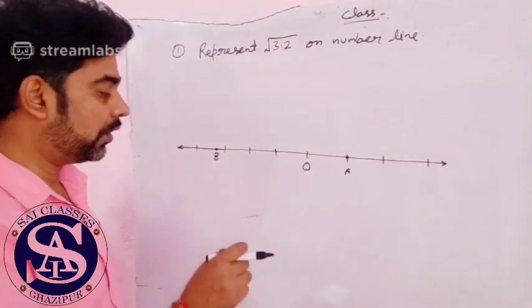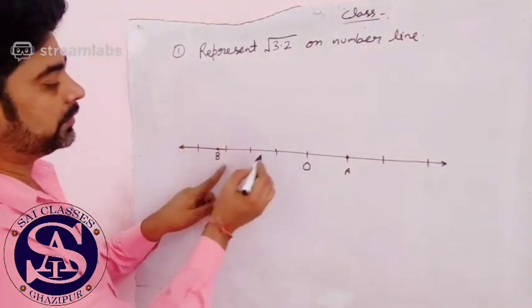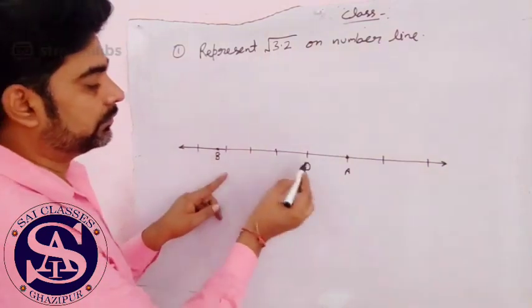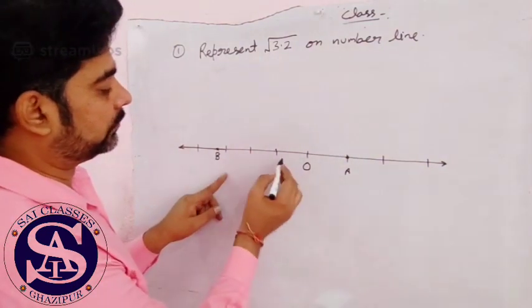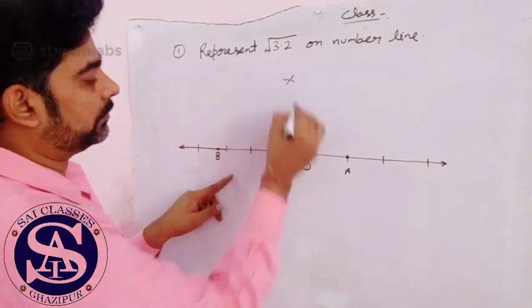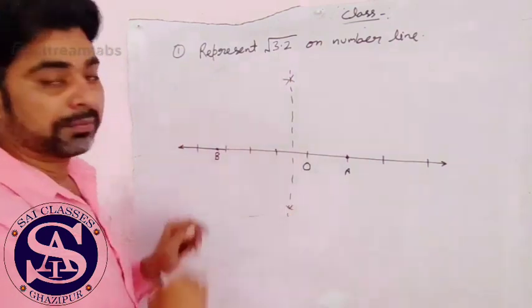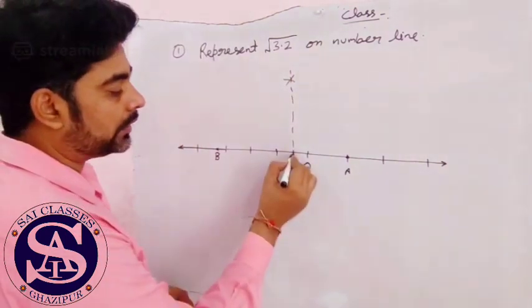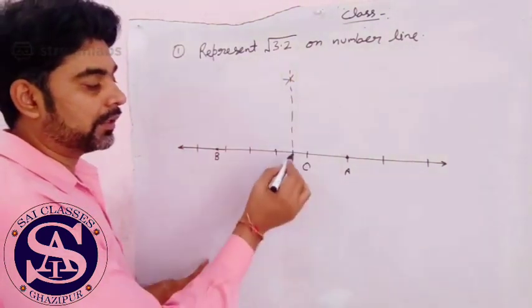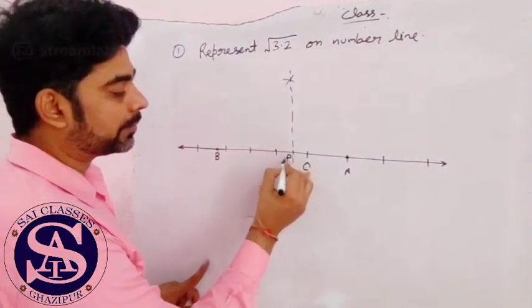So let's do this. Now let the perpendicular bisector cut the number line at a point P.